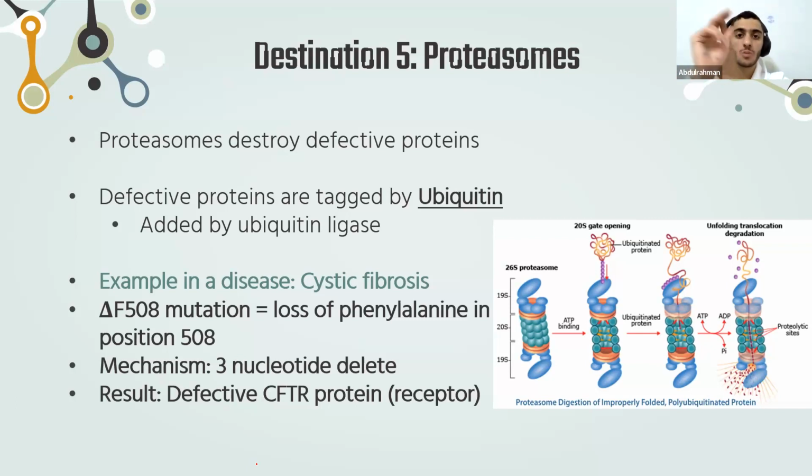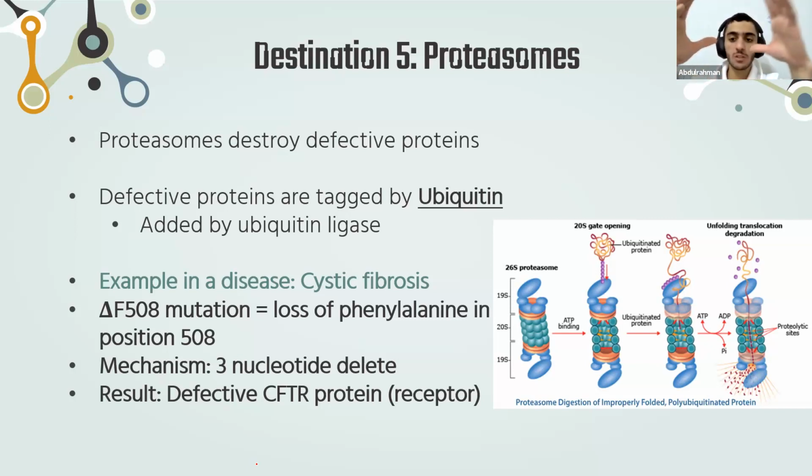Sometimes your body produces the wrong proteins. Sometimes the proteins have the wrong structure. Sometimes the proteins are not really effective. So the common theme between all these situations is that basically you have the wrong proteins. Okay, so if you have the wrong proteins, what does your body do?